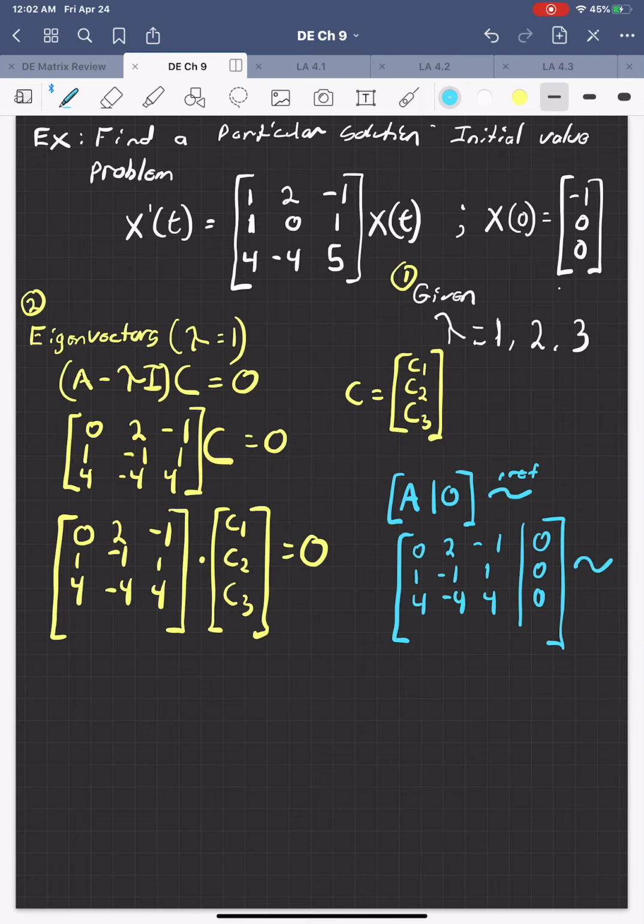You would begin your row reduction algorithm. Let me go ahead and tell you what that would equal. You would end up with 1, 0, 0, 0, 1, 0, 0.5, negative 0.5, 0, and then 0, 0, 0. My handwriting is not that great.